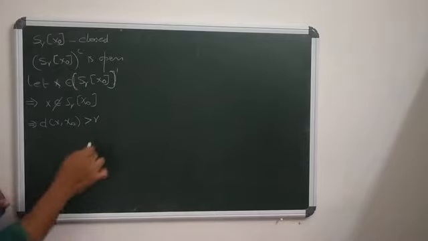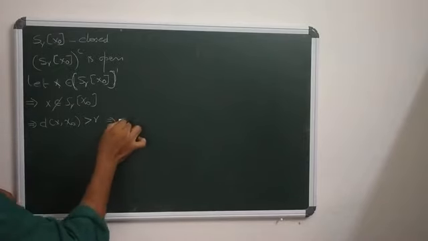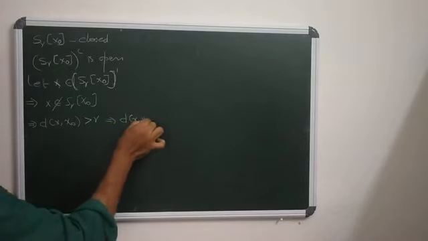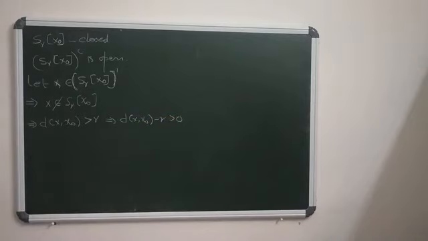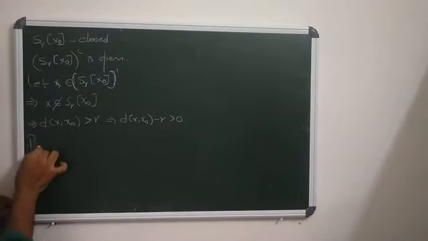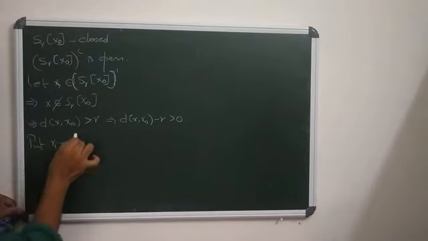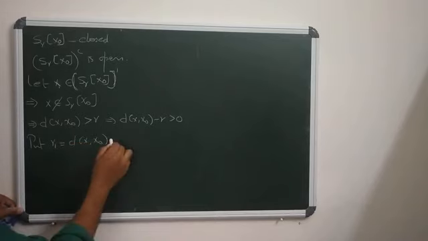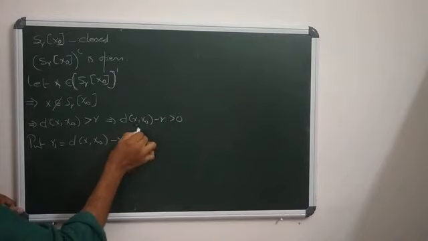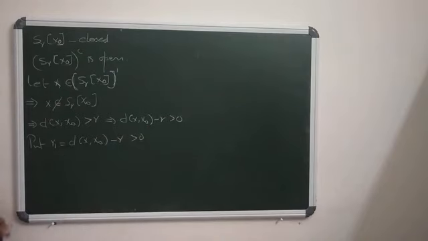So that means d(x, x0) minus r should be positive. Clear? Put r1 equals d(x, x0) minus r. Clearly, d(x, x0) minus r is positive, so r1 is positive.